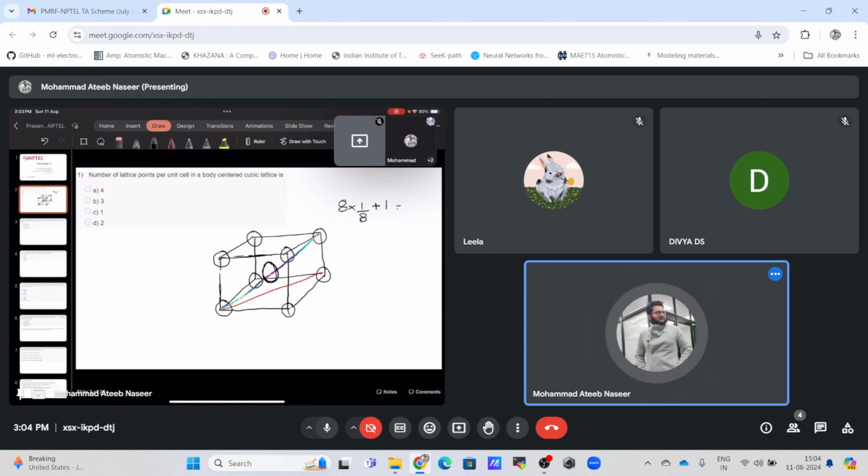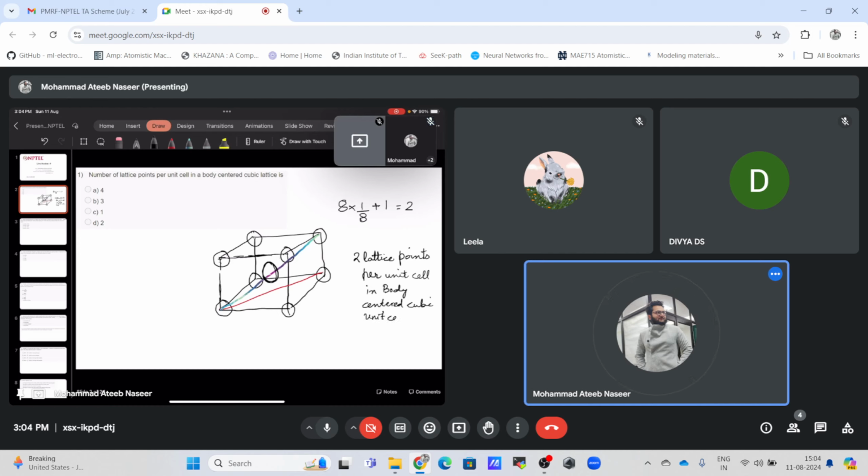In total we will be having just 2 lattice points per unit cell in a body centered cubic unit cell.